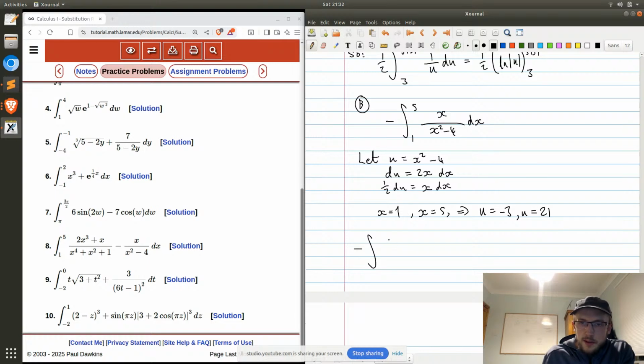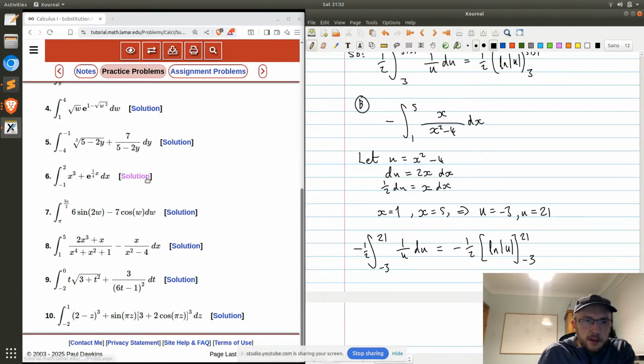So minus the integral from minus 3 to 21 of half, bring that out. One over u du, which is minus a half of ln u from negative 3 to 21.